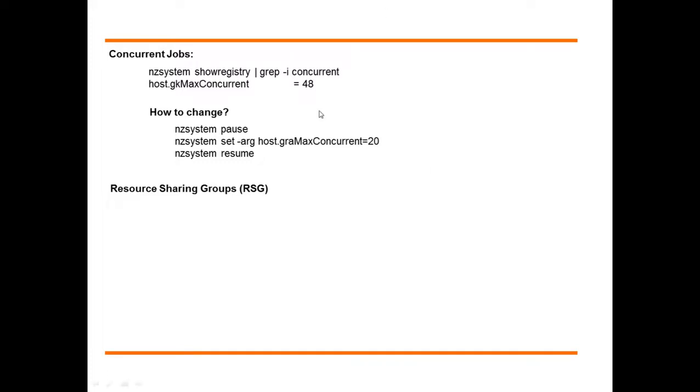So if you reduce it to 24, there are more resources for 24 jobs, but the queue might increase. This is a host level parameter, a variable which holds this value. Now let me show you that once.